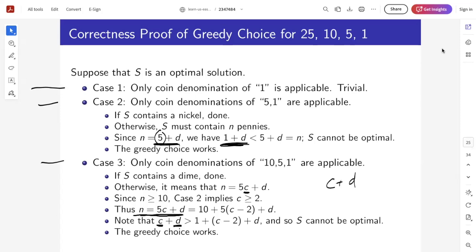So C plus D is the number of coins without a dime.